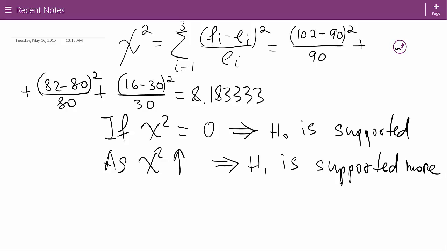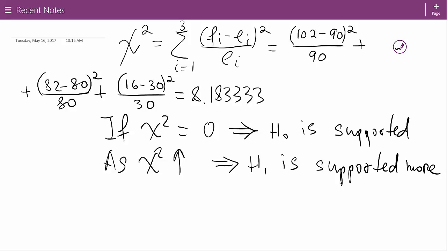So at some point, when my chi-squared becomes sufficiently large, it's like there should be a switch. We flip a switch and say, well, no, we deviated far enough from what's expected if my null is true, so now we believe the alternative. But of course the question is, where is this magical value?